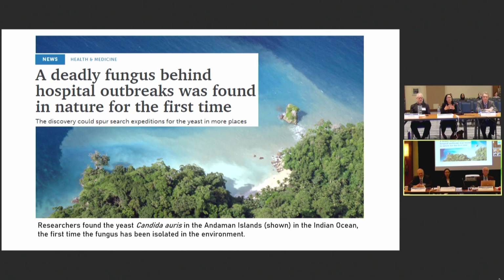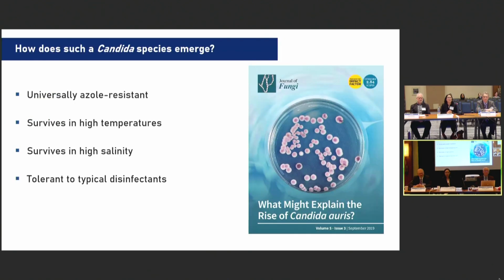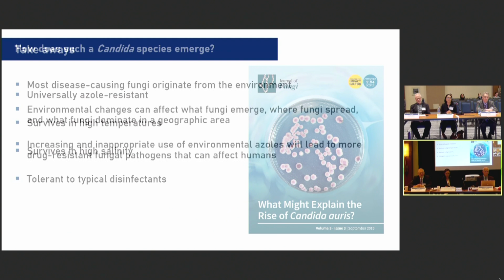It's speculation, and it's still unknown. Next slide. How a species like this emerges. But if you're in the camp that environmental changes play a substantial role, should we start to anticipate the occurrence of more pathogens like C. auris?